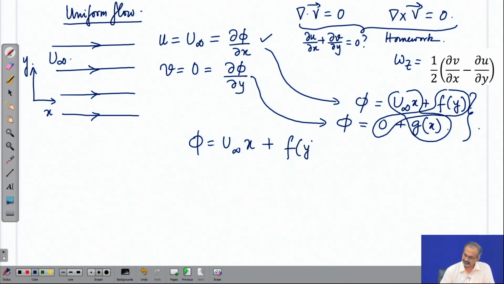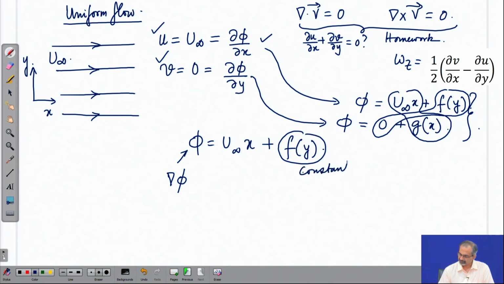plus f y. Now, remember that whenever we want to extract the velocity field details from phi, we have to take the gradient of phi, because only from the gradient can we extract u's and v's. That means, the moment you take the derivative, this constant will vanish. And remember that f y is essentially a constant. So, the moment you take the derivative, that constant will go away.